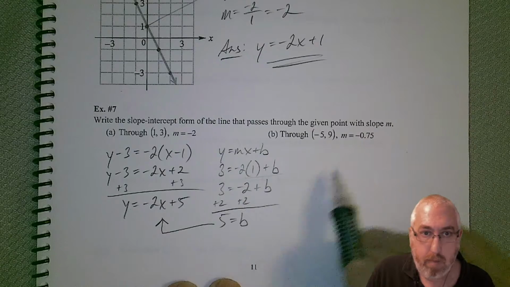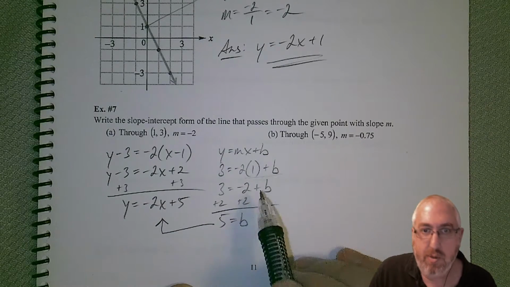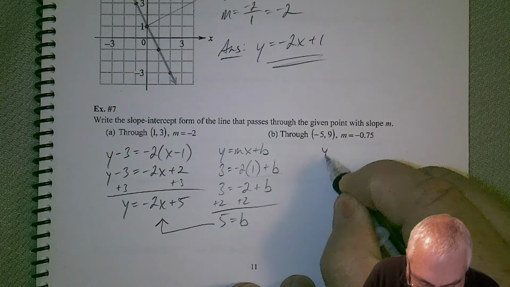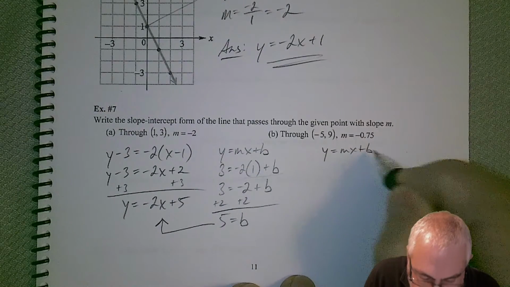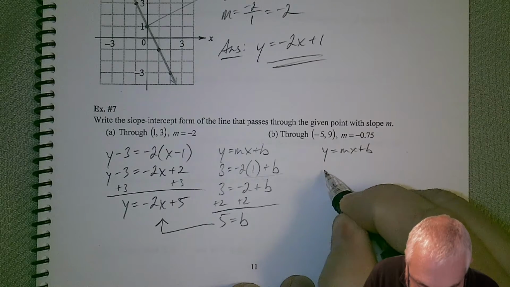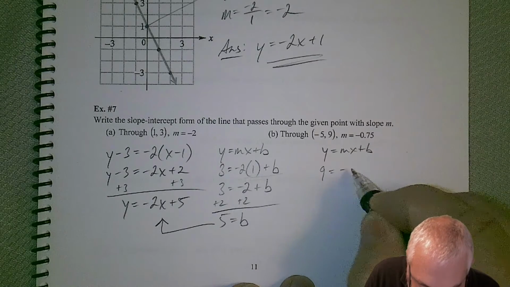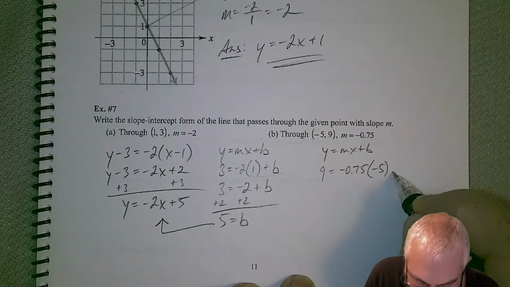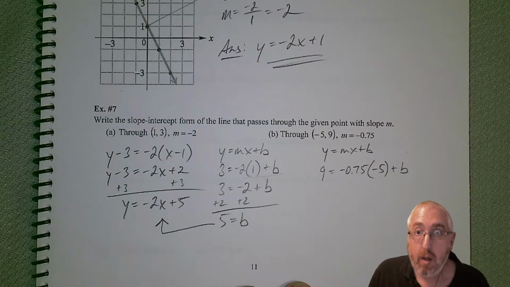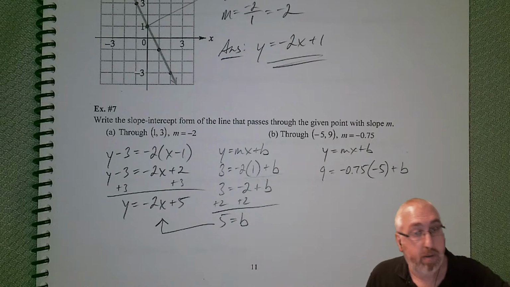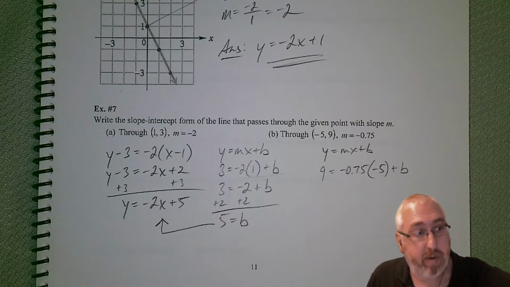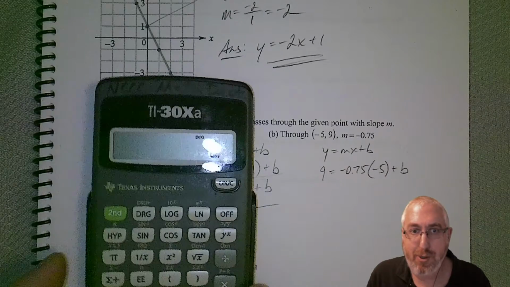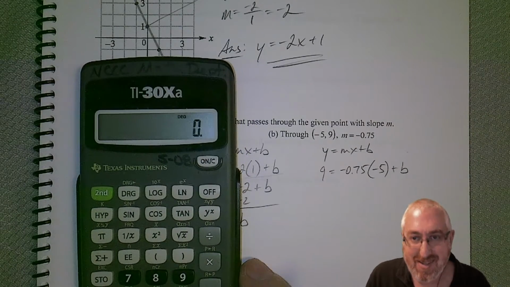Let's do this next one, and let's use this second way since it's a little bit easier. So again, we got y equals mx plus b. Let's plug in our numbers. So 9, -0.75. Oh boy. All right, so now we might have to bust out our calculator. I don't want to do math, probably just as much as you, at least not in our heads.